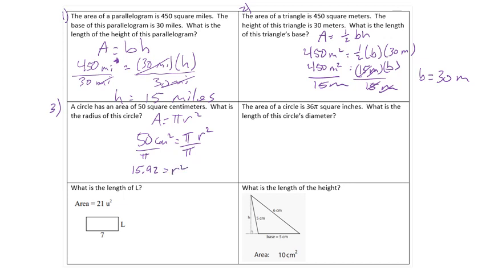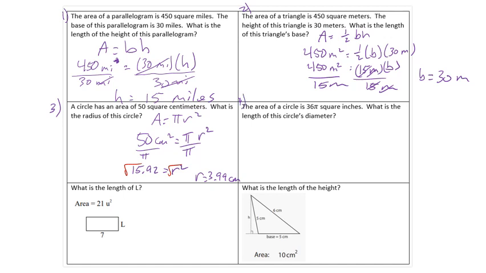That is equal to r squared. To undo the square, we got to take the square root. And when I do that, I get the radius. The square root of 15.92 is 3.99. And the units are centimeters. So that's how I find a missing radius if I know the area of a circle.